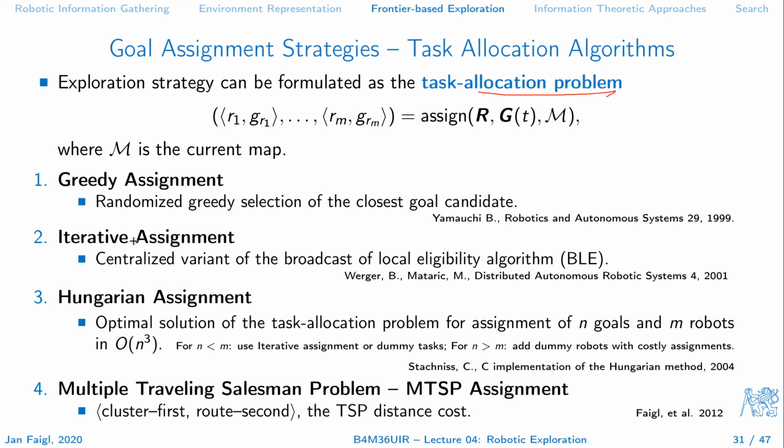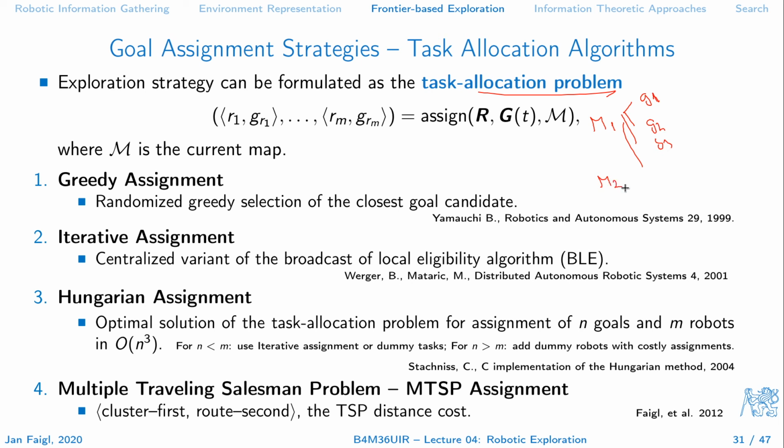What you can also do is consider this iterative assignment. Basically you have robot one, and you can compute the distance of the robot to each goal location, right?